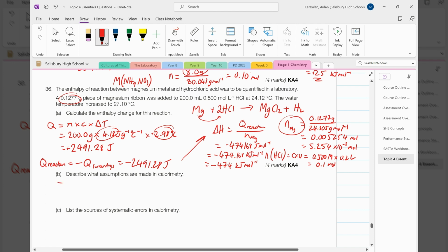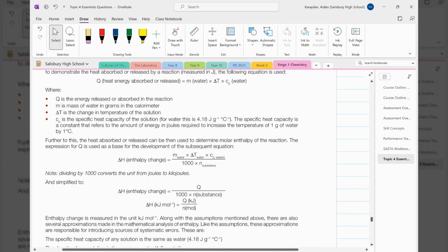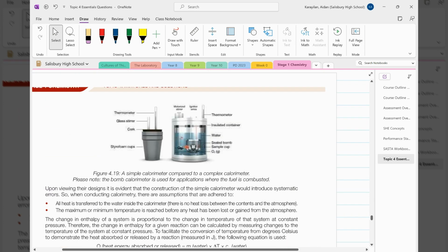I'm going to go through a couple. Now, one thing to know is that when we're looking at the temperature of our water, you need to assume that the whole vessel has the same heat capacity as water. So if we look up at our image up here, we have a glass stirrer, which is inside.